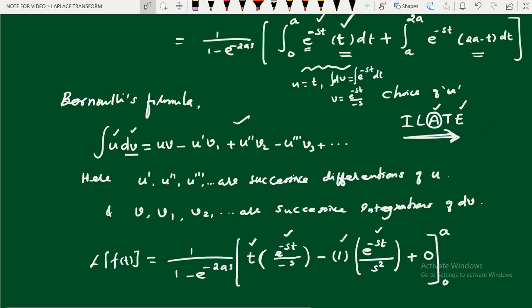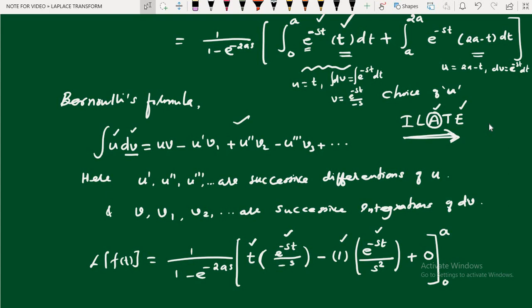Similarly for the next integral, the u value is 2a minus t and dv is e power minus st into dt. So here the same dv is e power minus st dt. That means v will be e power minus st by minus s. Only u changed. U is 2a minus t.